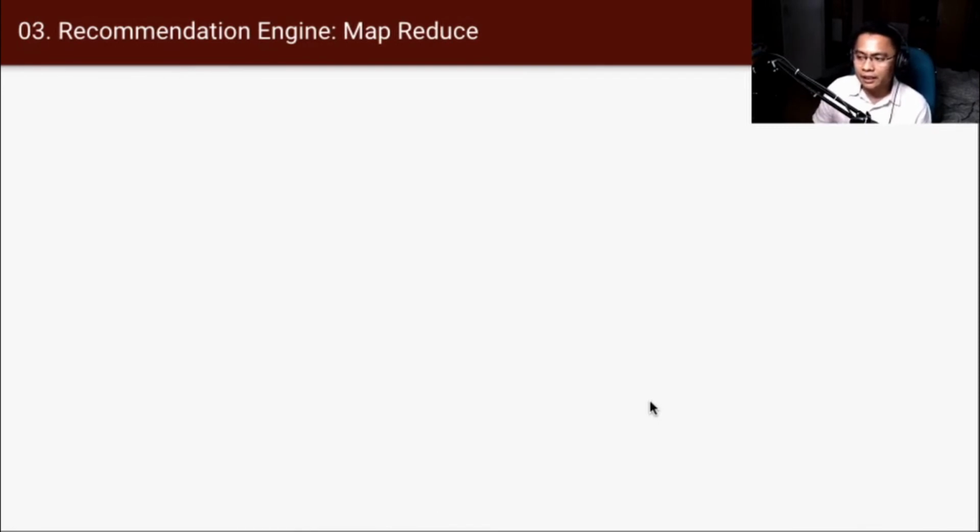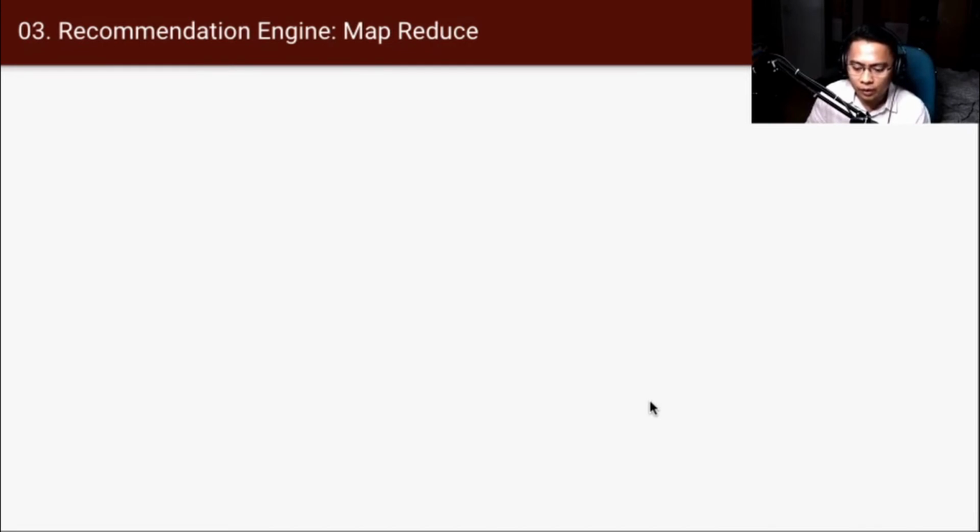Now after we decided how we're gonna track user activity, next we need to crunch the data, and then we need to make the data representable and processable by machine learning.